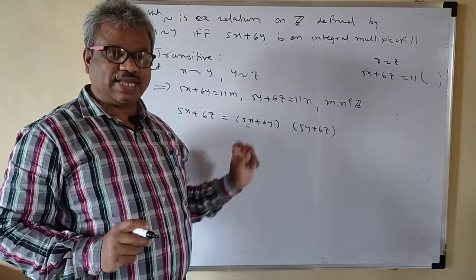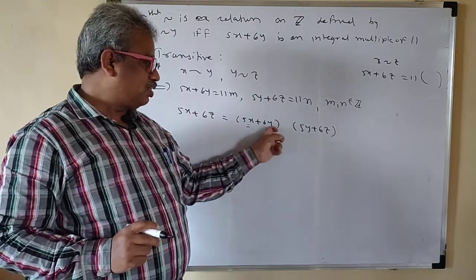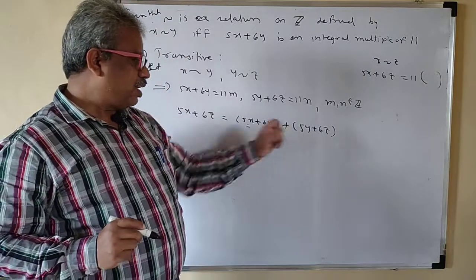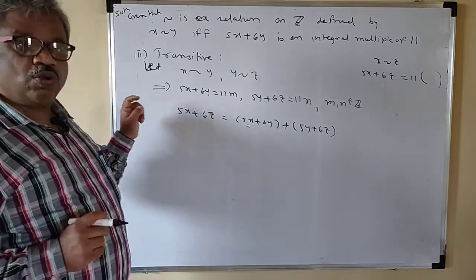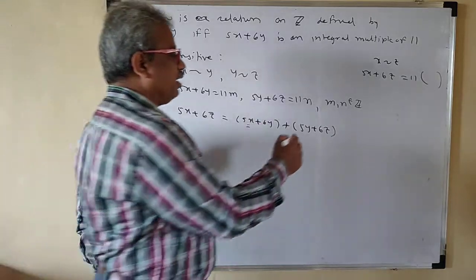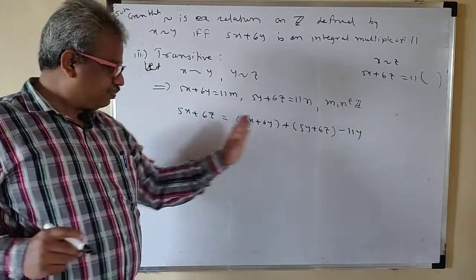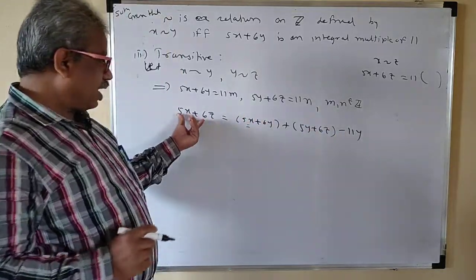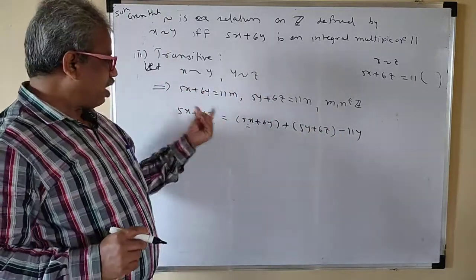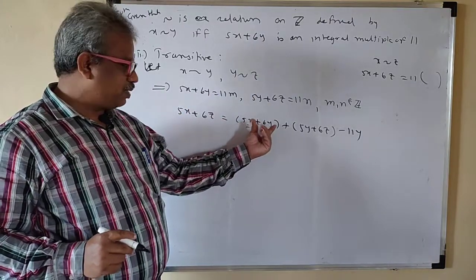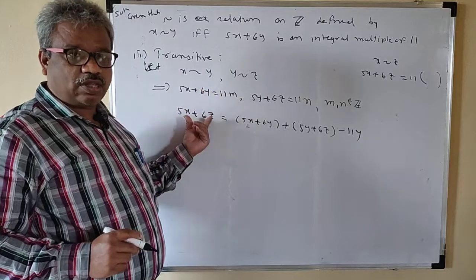Only the problem of y is there. If I write plus, this will give 11 times y, and that we don't want. So I will write minus 11 times y. I have written 5x plus 6z in terms of this one. There should be the 5x plus 6y, because without this you cannot prove this one.